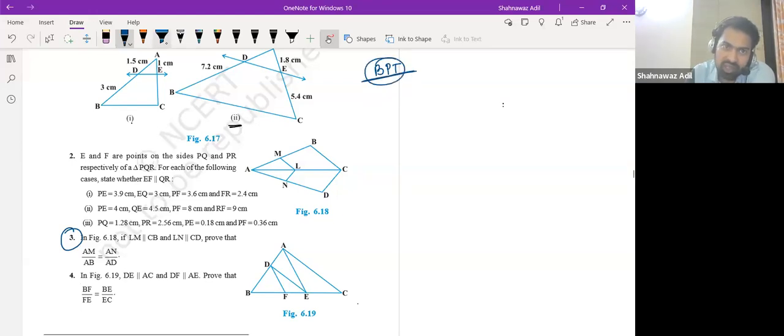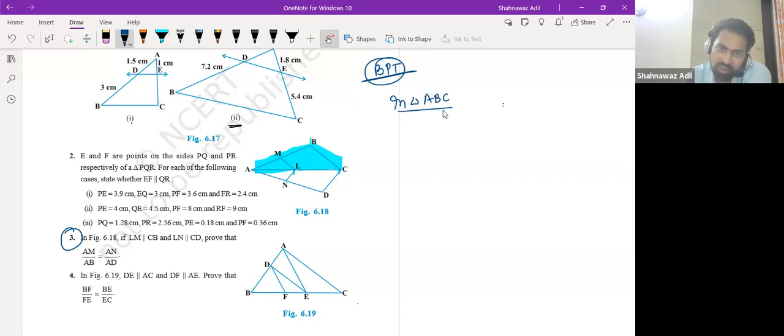So first we will take triangle ABC. In triangle ABC, LM is parallel to CB. So LM is parallel to CB.